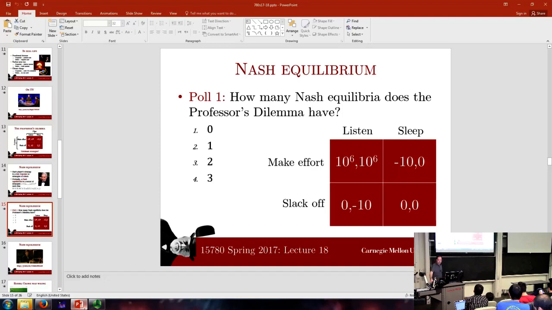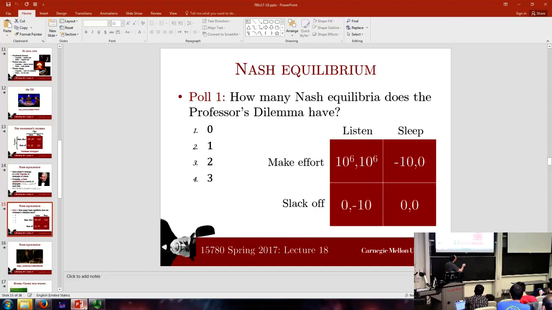Just to illustrate the concept a bit more, if we're in this entry, then if each player deviates, player 1 can deviate here, or player 2 can deviate here, but of course they get less than 1 million, so that wouldn't be a beneficial deviation. If we're here, player 1 can go here and get -10, or player 2 can go here and get -10. So there's no beneficial deviation.